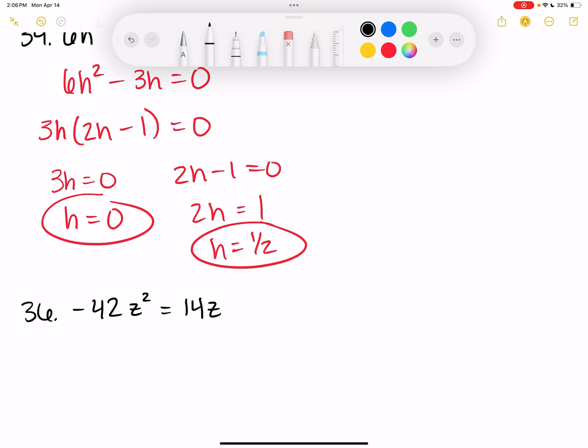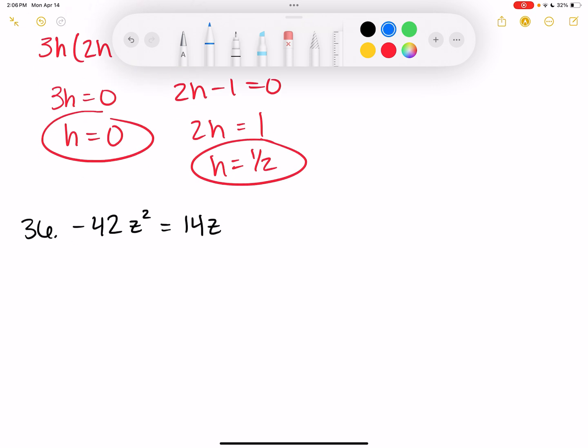Now, I could also move the negative 42z squared to the right instead, okay? It will end up giving me the same final answer. If I move the 14z to the left, both numbers are going to be negative. If I move the negative 42z squared to the right, they're both going to be positive. But our final answer will be the same. I can prove that to you in a minute, but for right now, we're going to move to the left just like we normally would.